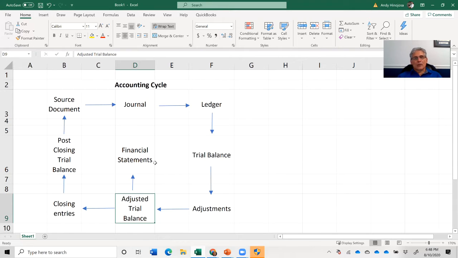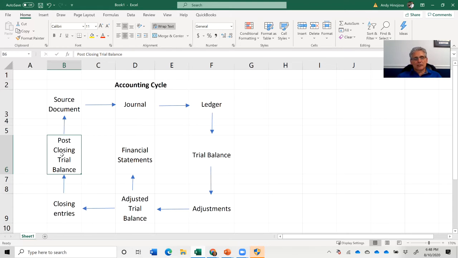Those are the 4 financial statements we're going to be generating after we've gone through this level of the accounting cycle. Once those financial statements have been produced and distributed and everybody's happy, at that point in time, we go through a closing process where we will actually enter closing entries and then generate another trial balance. Same thing as the other 2 trial balances, except this one is at a different time.